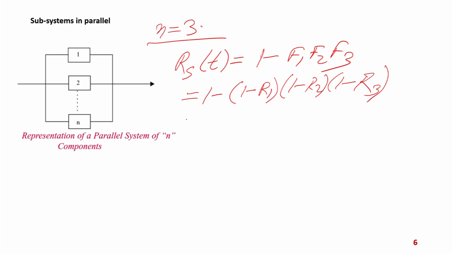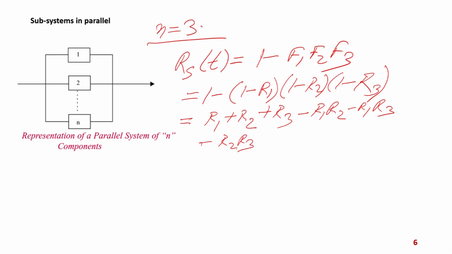So, if you do this algebra, then it will be R 1 plus R 2 plus R 3, then minus R 1 into R 2, then minus R 1 into R 3, then minus R 2 into R 3, then plus R 1 into R 2 into R 3.